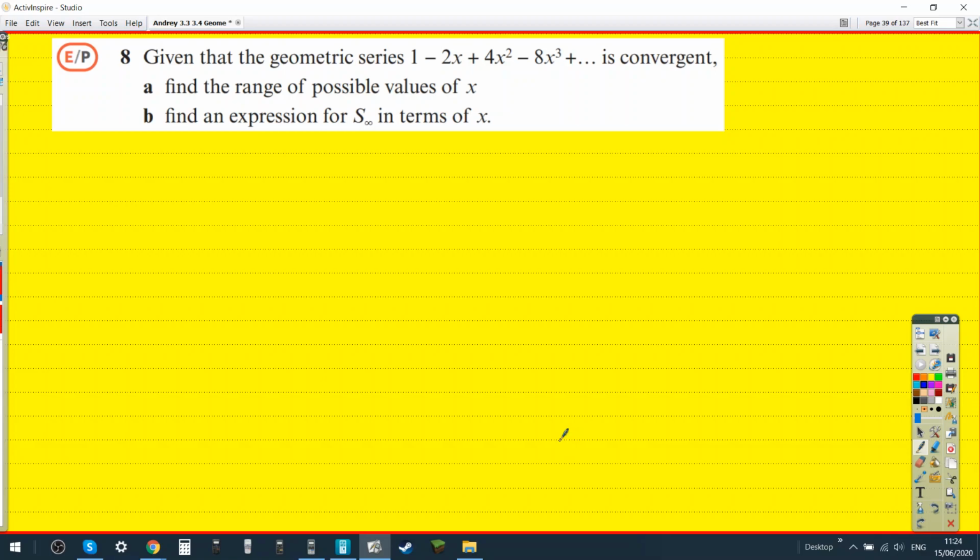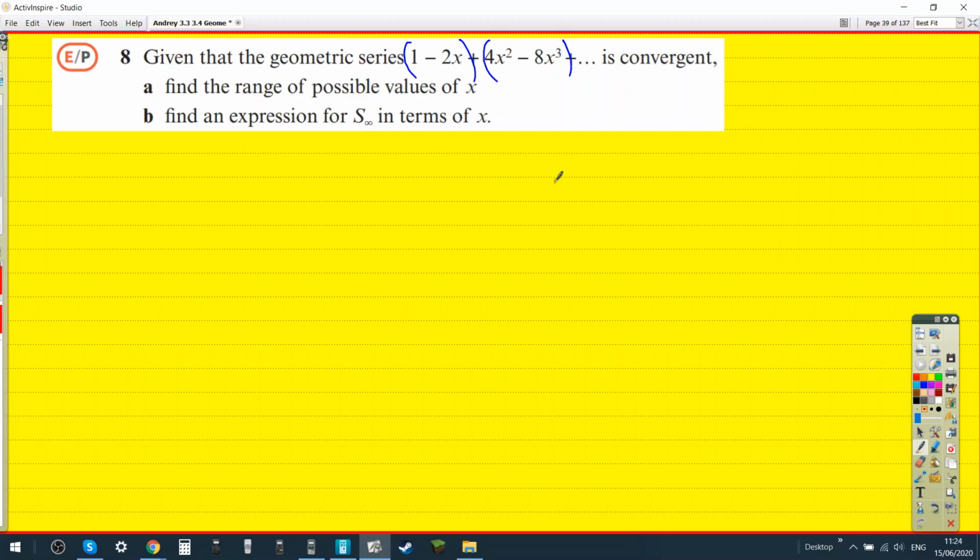How about this one? So I need to do like 1 minus 2x r equals 4x squared minus 8x cubed. Doesn't work that way. I imagine these were pluses in between them. This isn't one term.